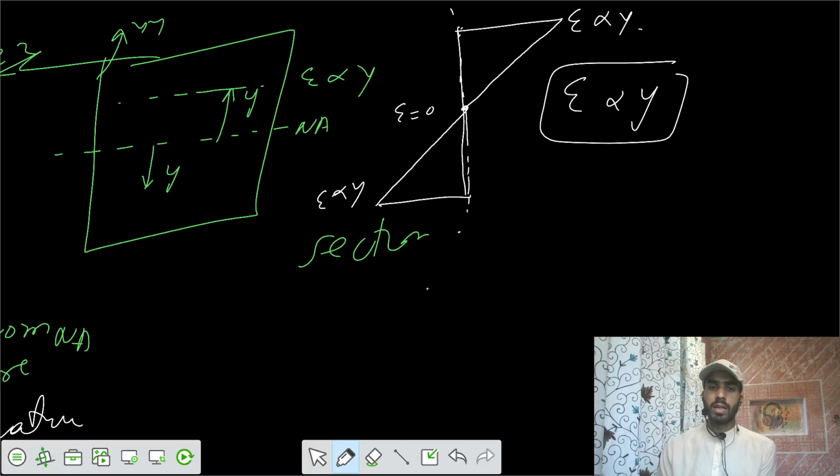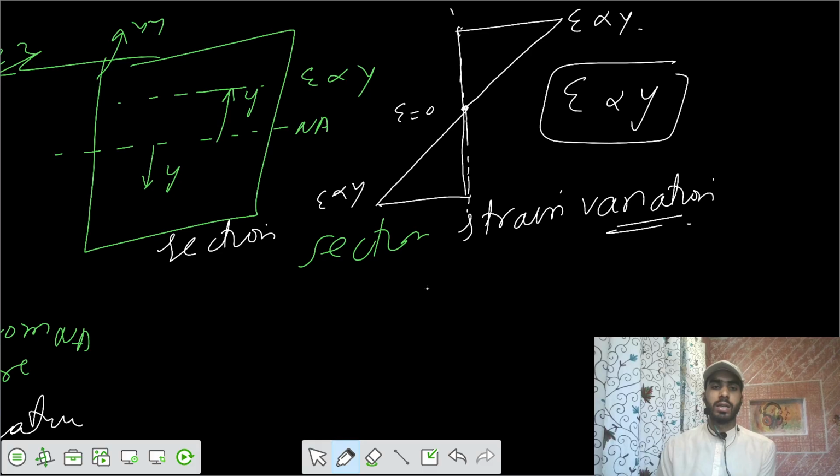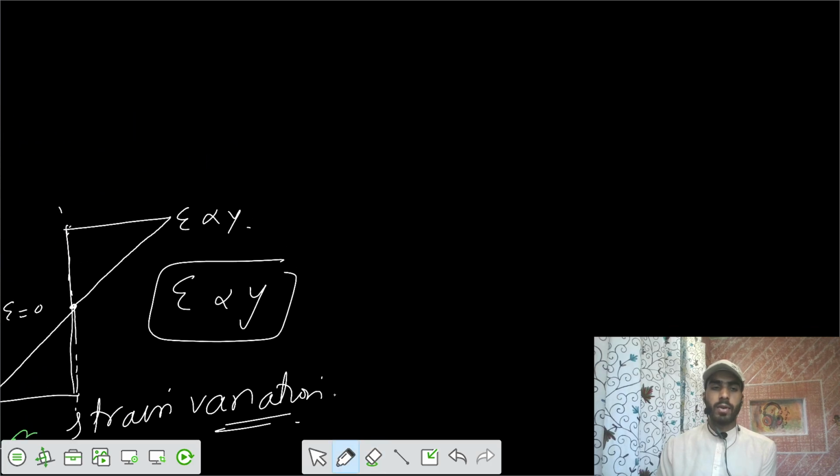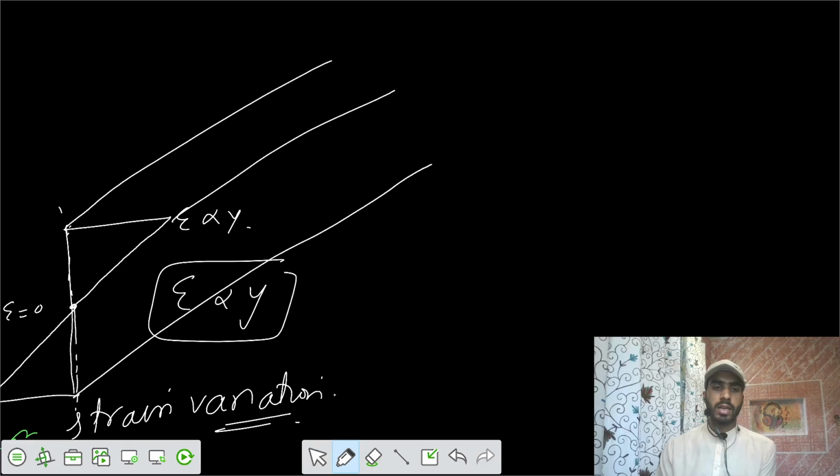So we can draw the strain variation profile along the section. This is the section, and the entire length has this profile.